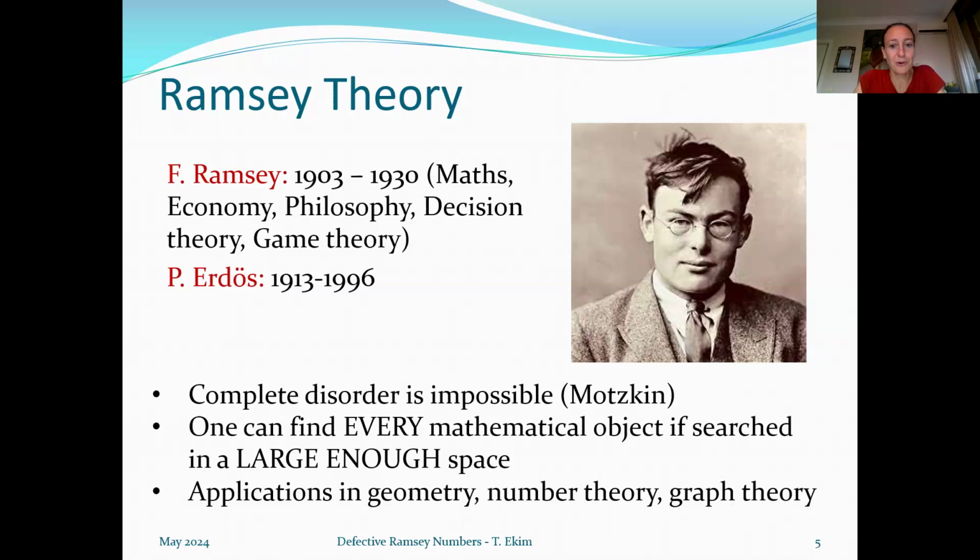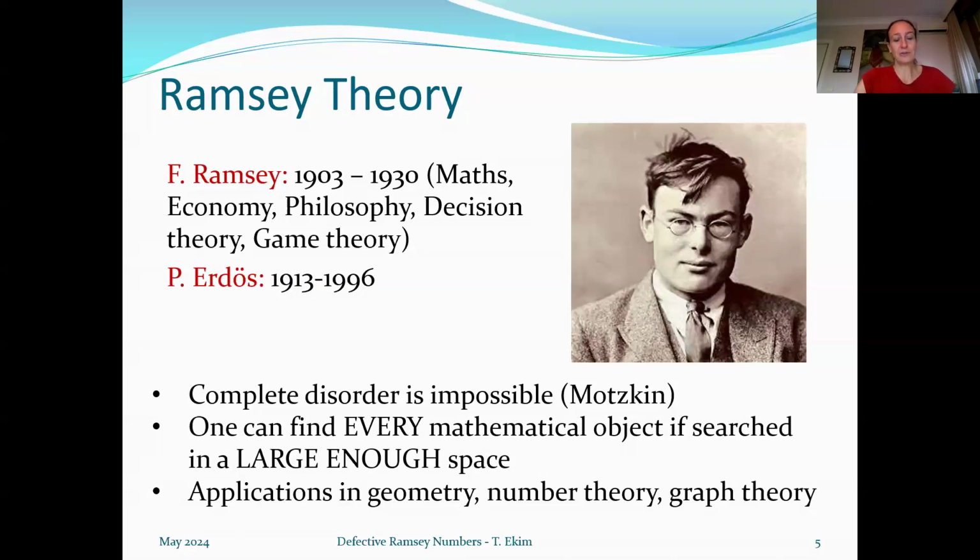So there are a few, let's say, quotations to summarize Ramsey theory before we start in technical stuff. There's a very nice summary that I like quoting every time. Complete disorder is impossible. So we will start to understand what it means when we go into details, but roughly that means that we can find every mathematical object if we search for it in a large enough space.